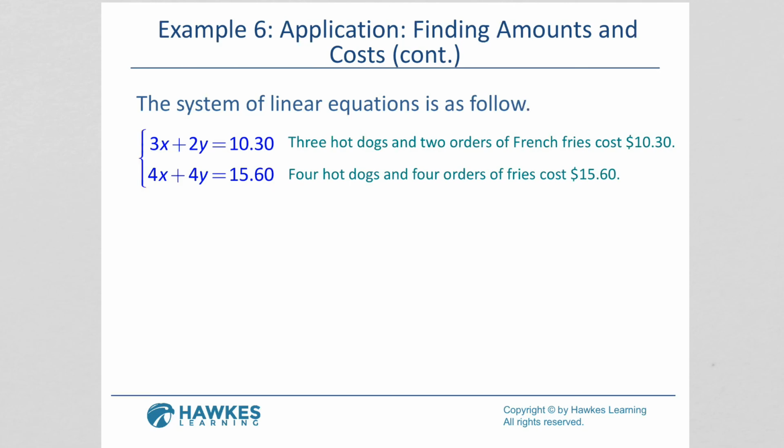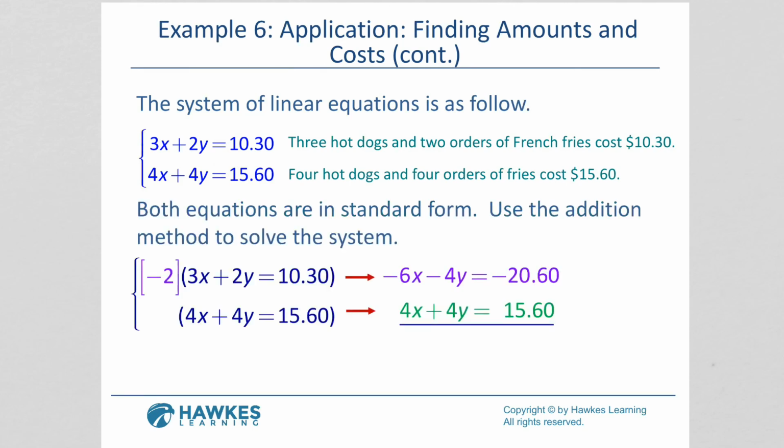3x plus 2y equals $10.30. So 3 hot dogs, 3x, 2 fries, which is 2y, is $10.30. Our second equation is 4x plus 4y equals 15.60. So 4 hot dogs and 4 French fries is $15.60.